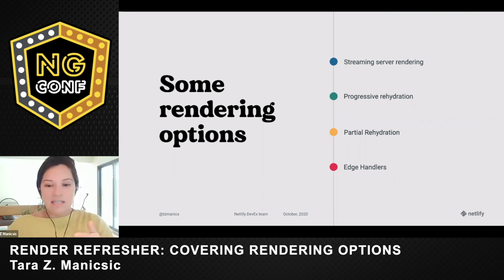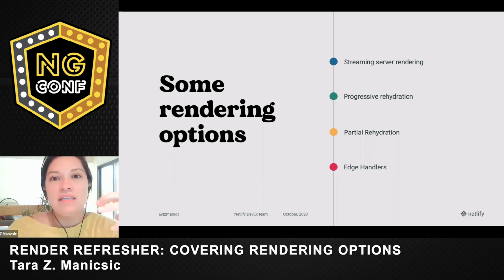And then there are edge handlers. This is the one that I'm excited about because I really like the approach of working with the CDNs, and that it's that Jamstack approach.